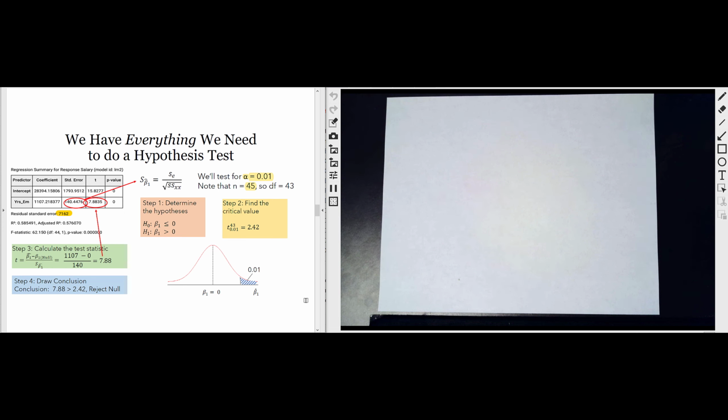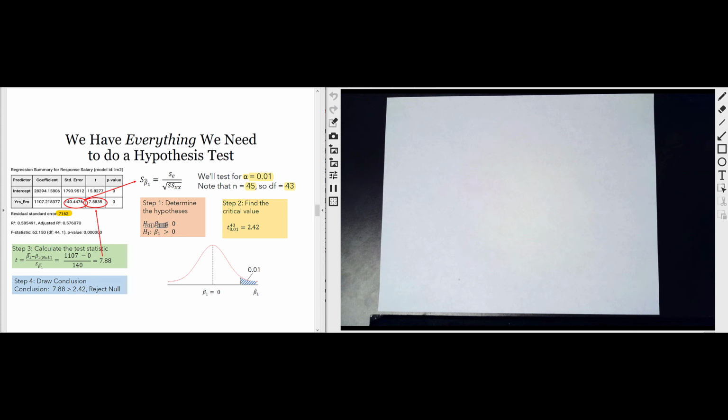Because we are estimating both the slope and the intercept parameters, our number of degrees of freedom for looking up the critical t-value in our t-table is going to be 43 degrees of freedom. All right, so our null hypothesis is that the slope is less than or equal to 0.